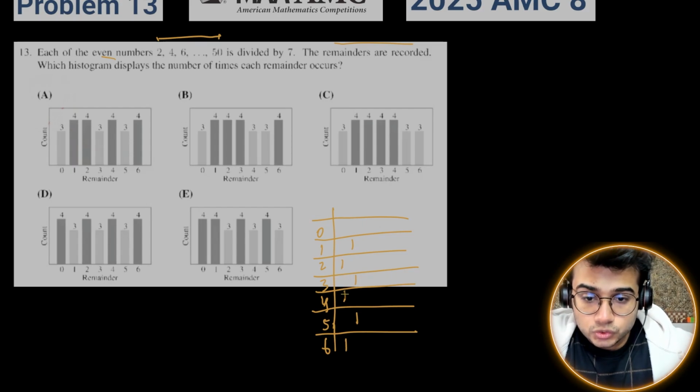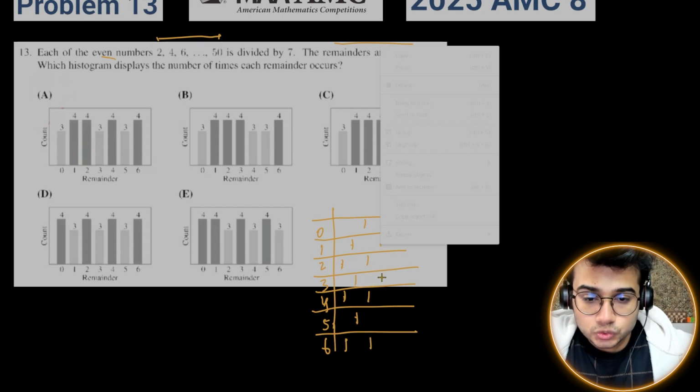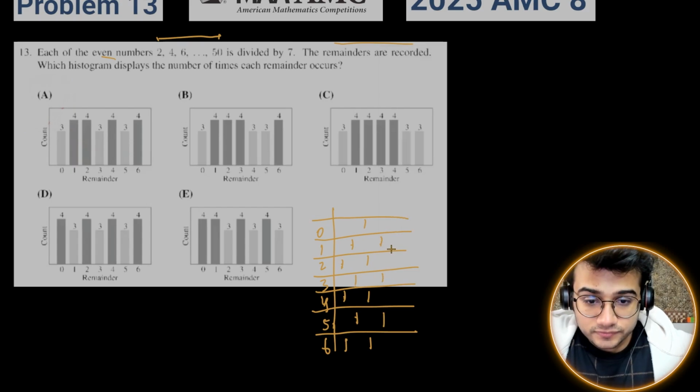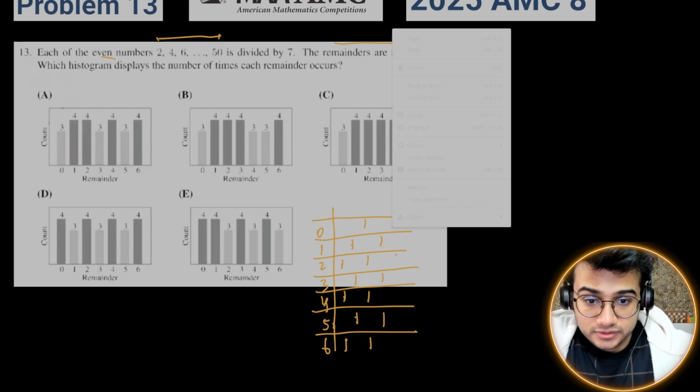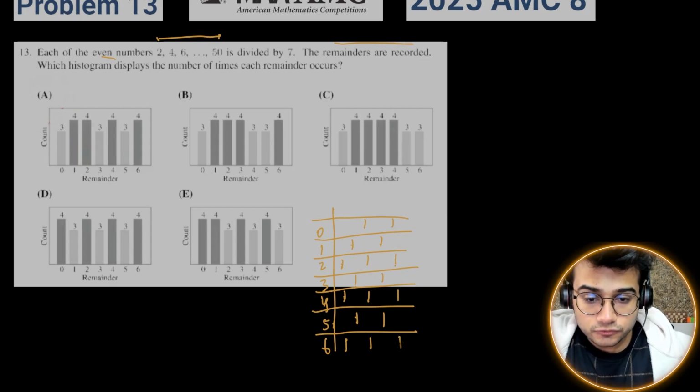Okay, so let's see. Again, starting from 2: 2, 4, 6, 8, 10, 12, 14, 16, 18, 20, 22, 24, 26, 28, 30, 32, 34, 36, 38, 40, 42, 44, 46, 48, and 50.